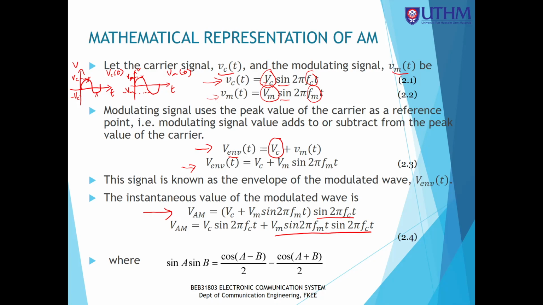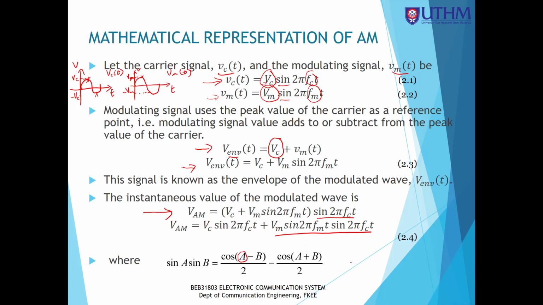According to trigonometry identity, sine A sine B is equal to cos A minus B over 2 minus cos A plus B over 2. So what is A, what is B? A uses the higher frequency compared to B, so that you are not getting negative frequency.